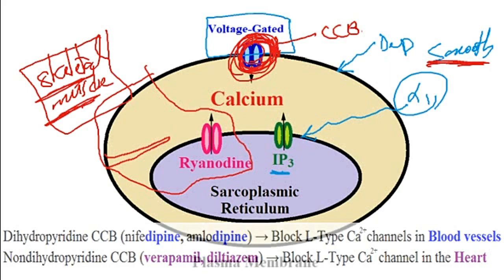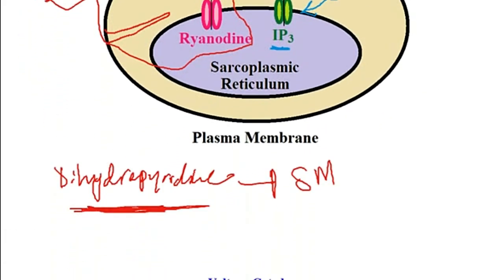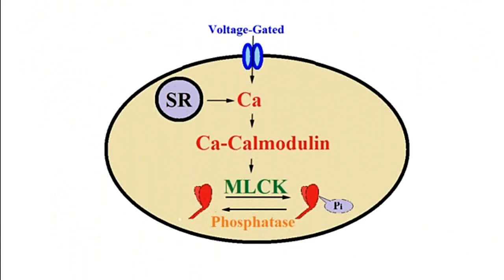Next, I would like to discuss, after the release of the calcium, how the smooth muscles will get contracted. So as we discussed, there are two mechanisms through which calcium can increase in the intracellular space of the smooth muscles, and it's that one, via the depolarization, it can be influxed from the extracellular space, or two, via the activation of the alpha-1 sympathetic receptors, sarcoplasmic reticulum can release the calcium.